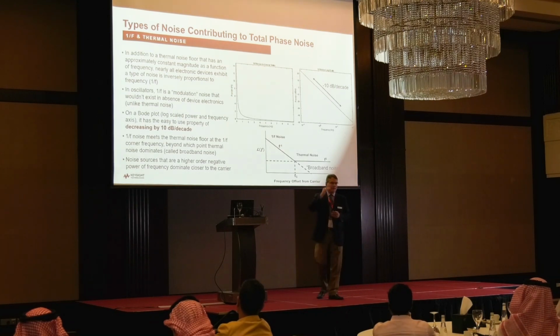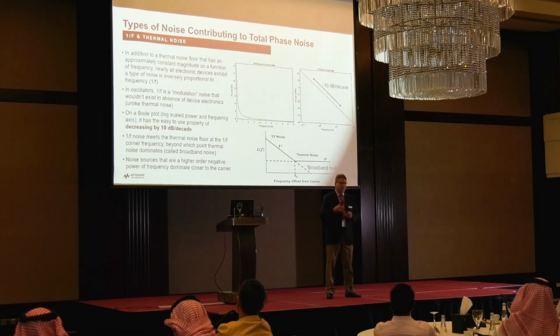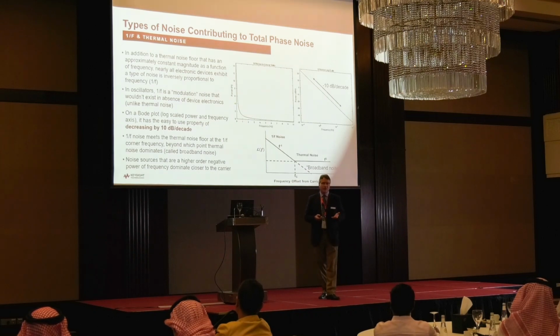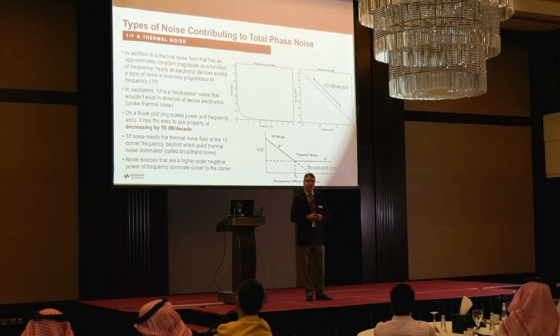It corresponds on a dB for dB basis, but it's a very predictable 1/f, or f to the -1 power curve, and on a Bode plot or log plot, it looks like a straight line. It just comes straight from 0 at the carrier frequency till it hits the thermal noise floor. That's called the corner frequency between 1/f noise and broadband thermal noise.